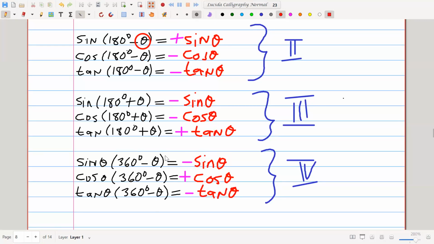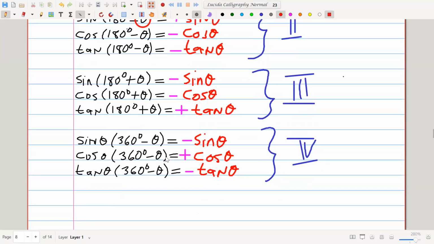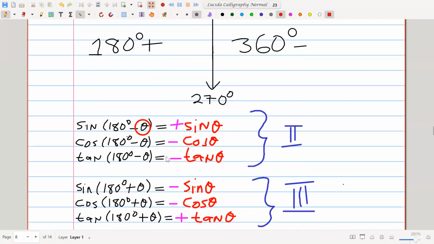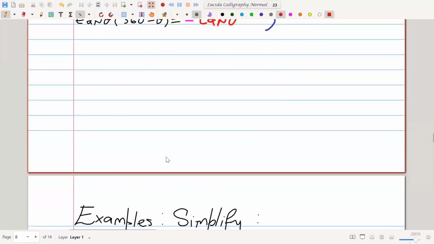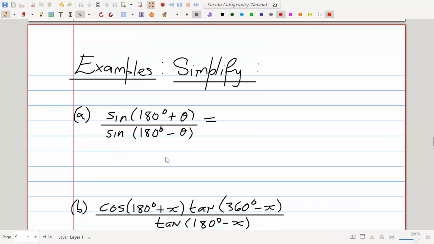That's the signs and how you can write it simpler. So in the first quadrant of acute angles, that's what we need to also visit as well. But before that, I want to look at a few examples. How do you simplify if you have situations like that?